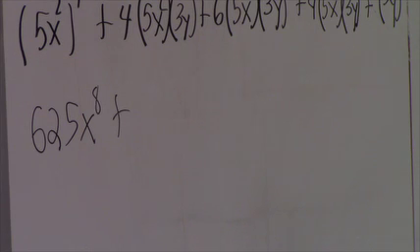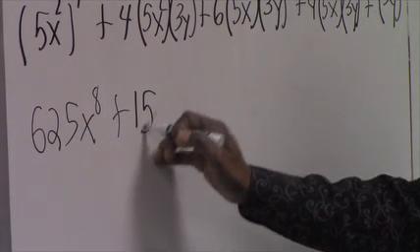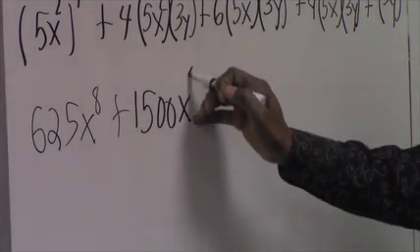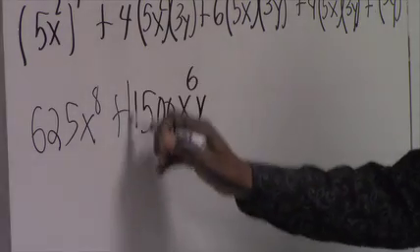That's 500. 500 times 3 is 1,500, x to the 6, y. That's our answer. That's what we are looking for.